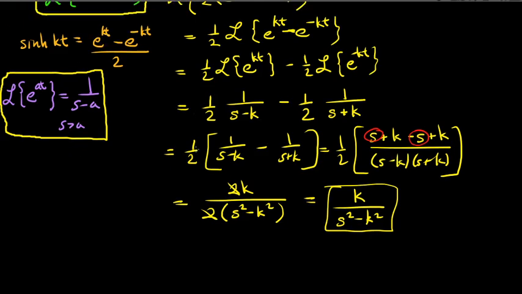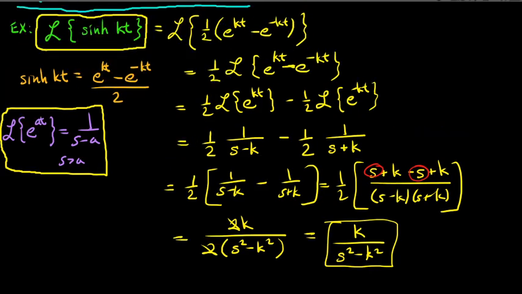So this is for hyperbolic sine. So maybe I'll mention that. The Laplace transform of hyperbolic sine, or sinh of kt, is just k over s squared minus k squared. And by a very similar calculation, of course, you can get hyperbolic cosine, or cosh, of kt.